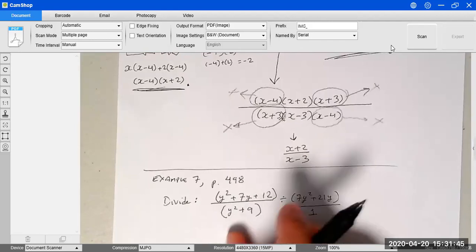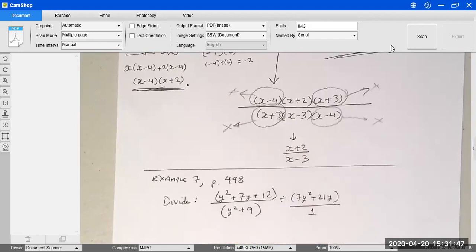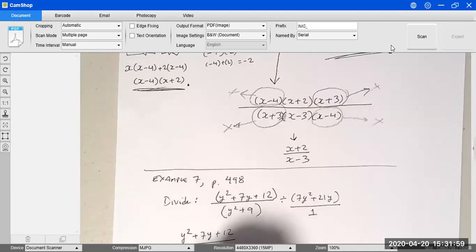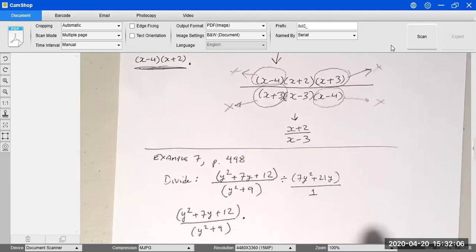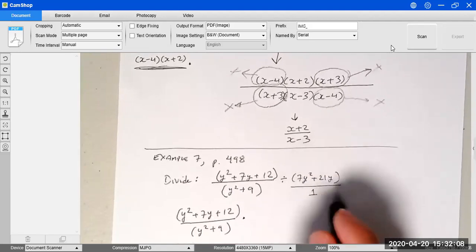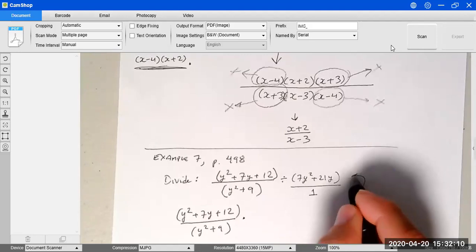So now we're going to convert this into a multiplication. So we're going to write the first fraction, it is going to stay the same. Then we're going to write the operator for multiplication, and then we're going to invert the second one.